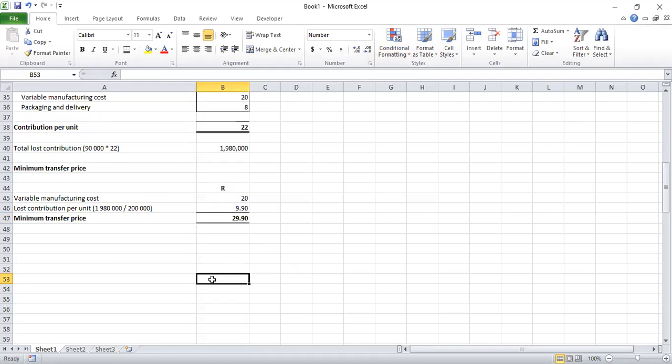Then 9.90 is the contribution that we lost from selling the 90,000 units that we sacrificed. So at the end of the day, you have to pay us a minimum. The only price that we can accept is $29.90 or more. So the coffee division will ask for 29 rand 90 or more. This is the minimum. Any price below 29.90, they will not accept the internal transfer.